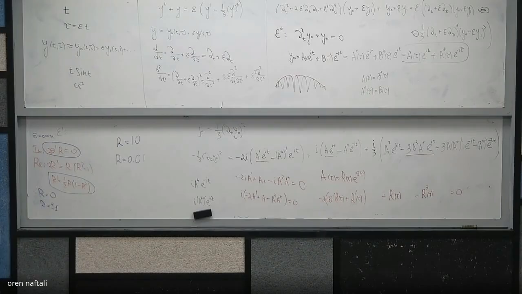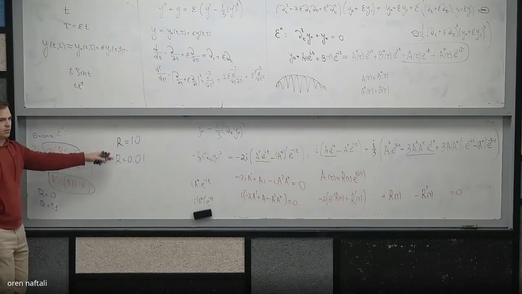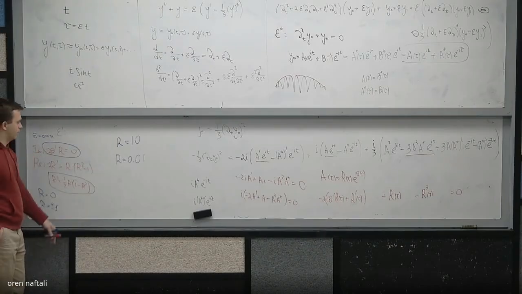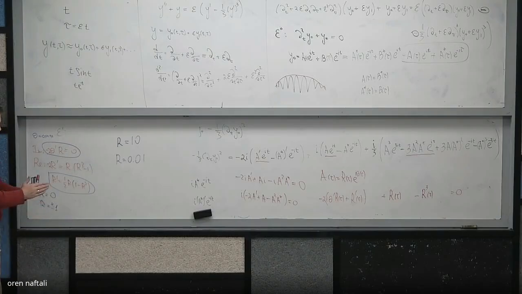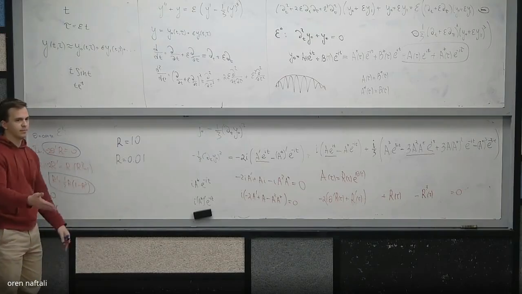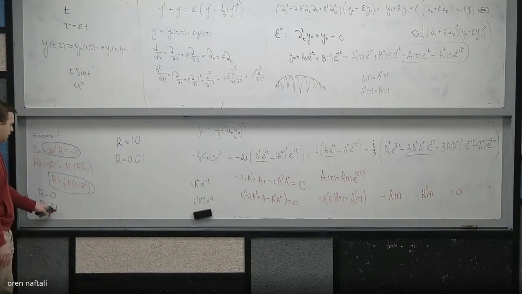So whenever you start between 0 and 1, you end at point 1, or if r is, I don't know, 1 million, after some time again it goes to 1. That's the idea.